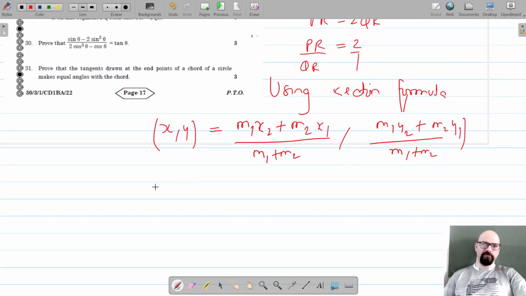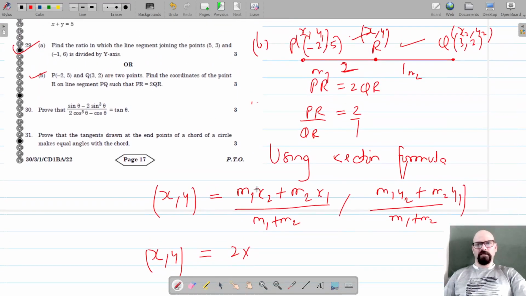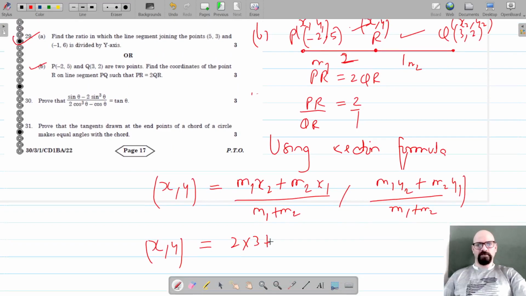I'm going to substitute the values. M1 is 2, x2 is 3, m2 is 1, x1 is negative 2 upon m1 plus m2, which is 3.